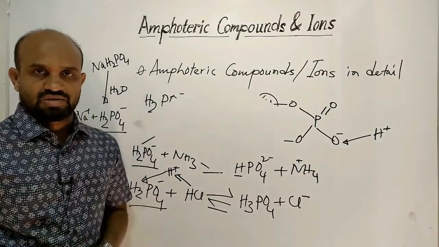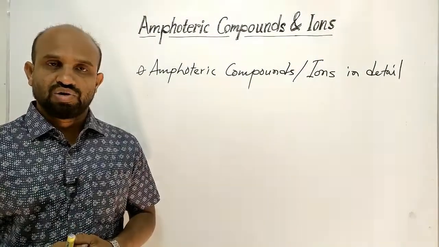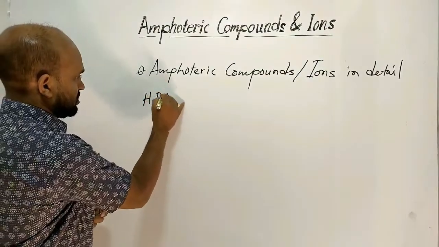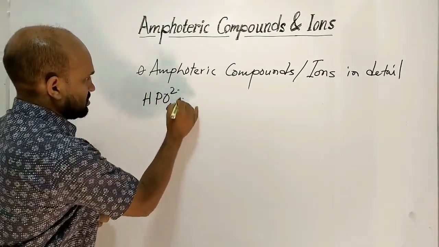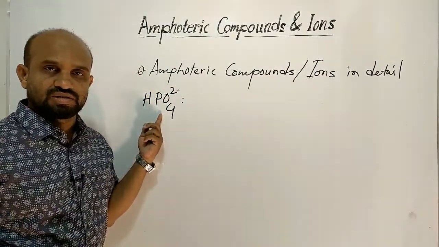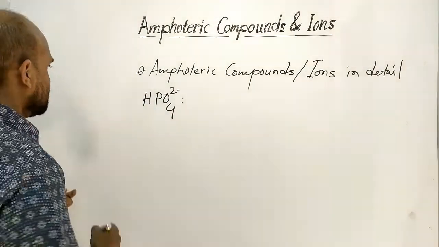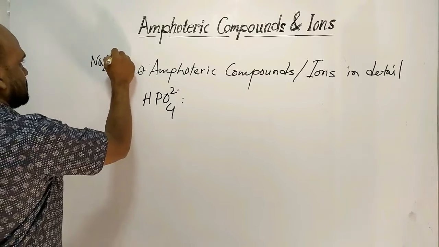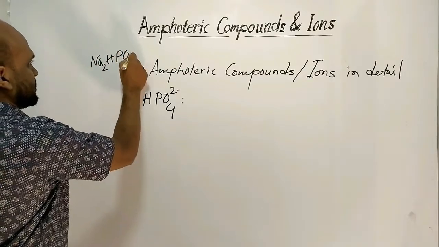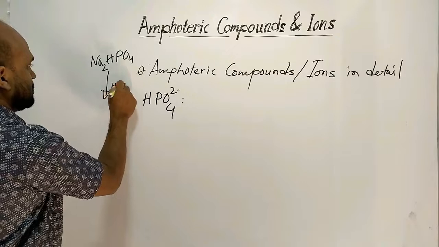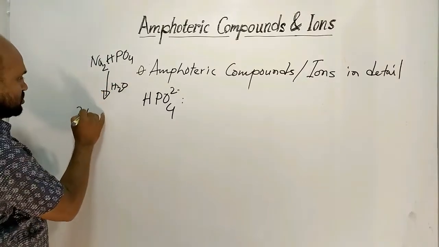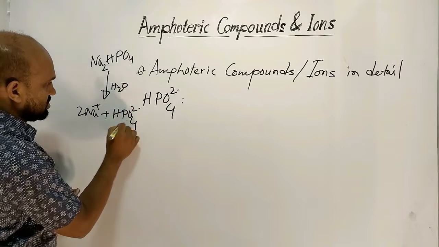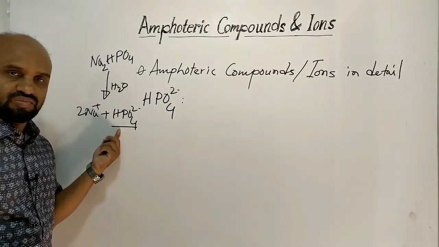Let's see another ion. Now the ion is monohydrogen phosphate ion. Let's see whether this ion is amphoteric or not. When this salt, disodium hydrogen phosphate, is added to water, it ionizes to sodium ion and monohydrogen phosphate ion. Is this ion amphoteric or not?